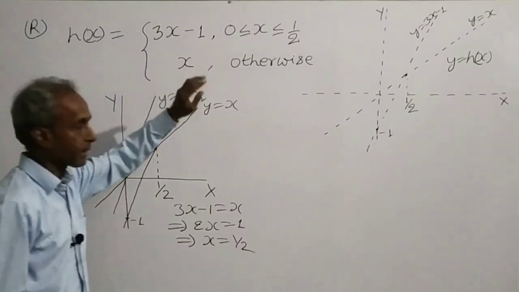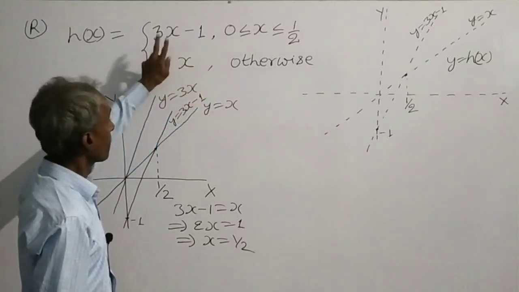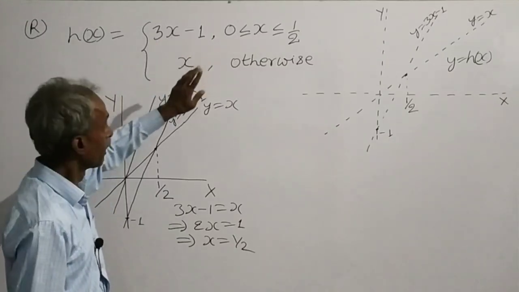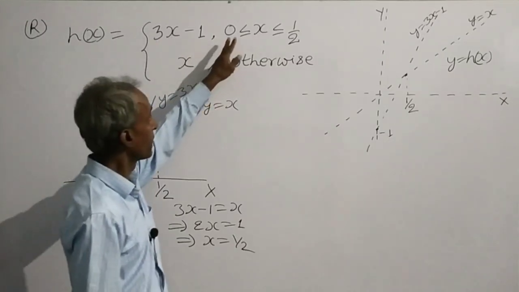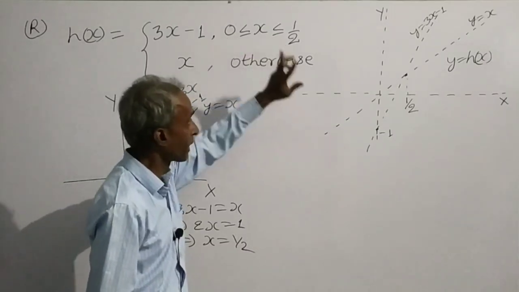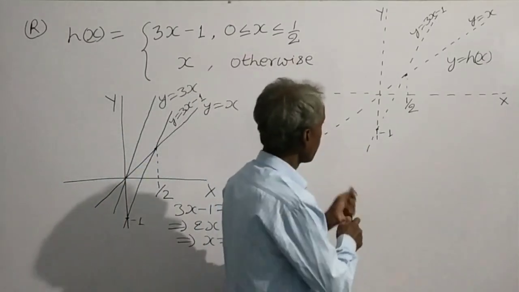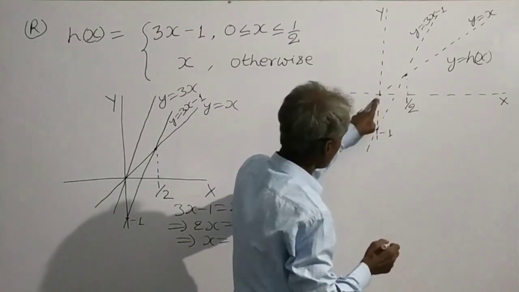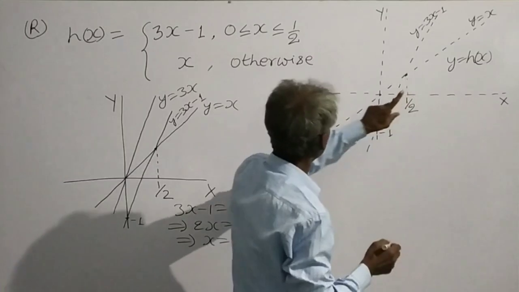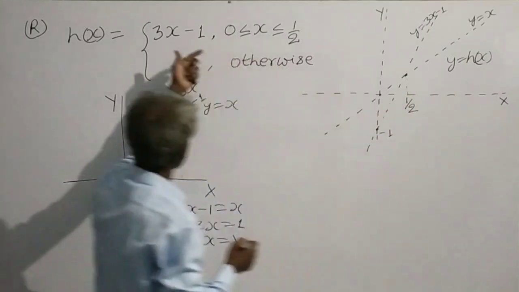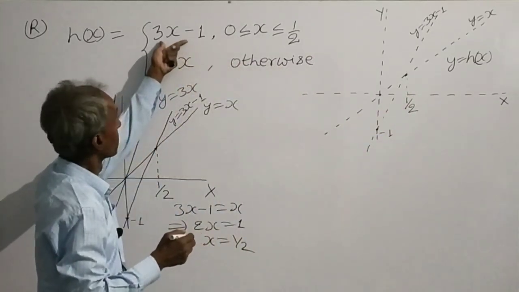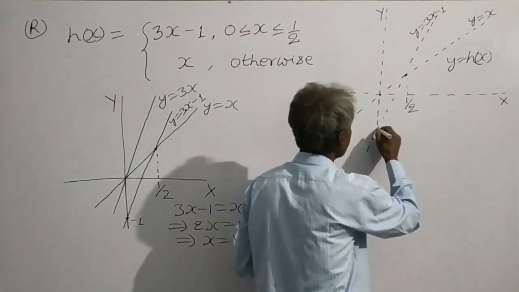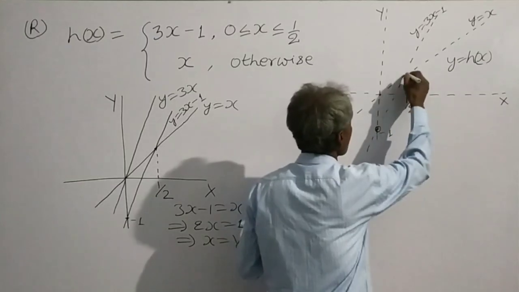We will take the part of y equals 3x minus 1 when the x coordinate is from 0 to 1/2, from x coordinate 0 to x coordinate 1/2. We will take this part of this line.